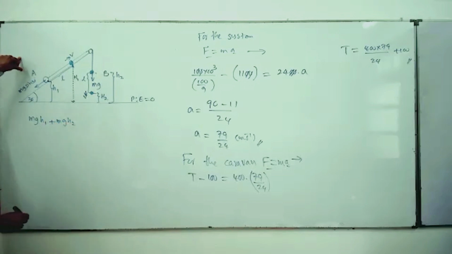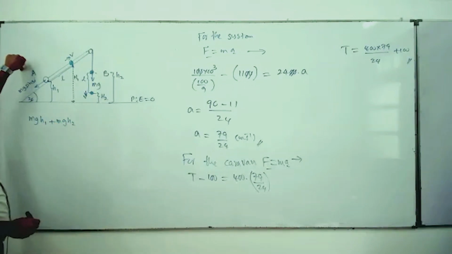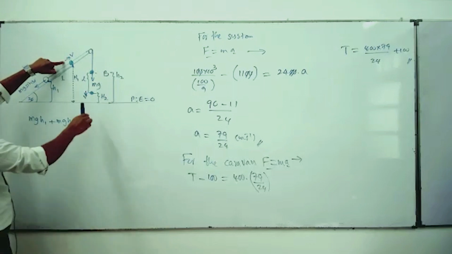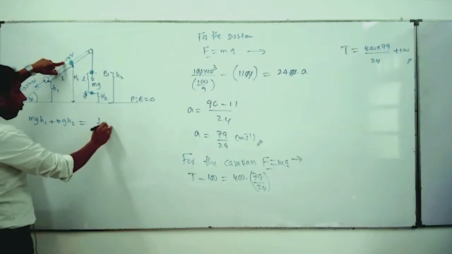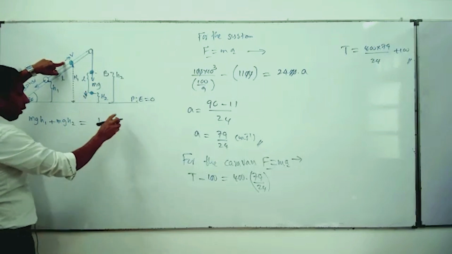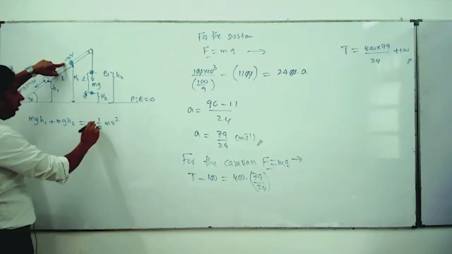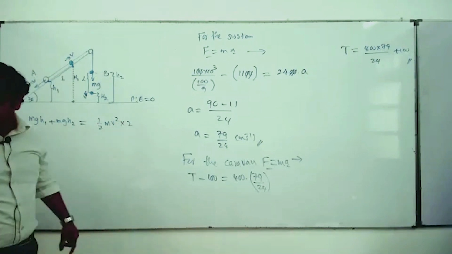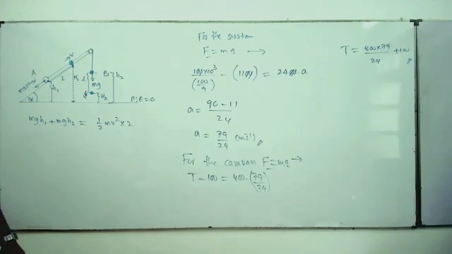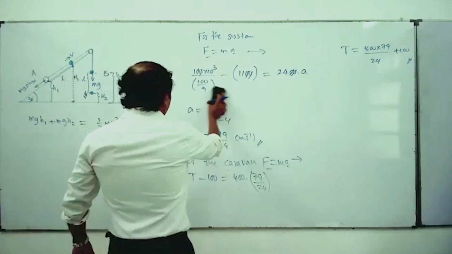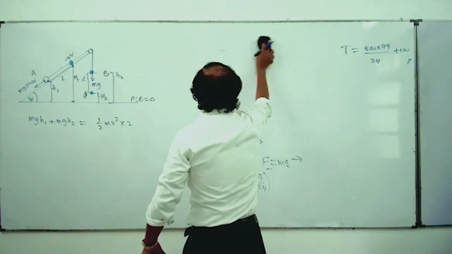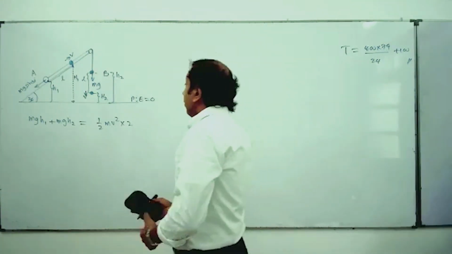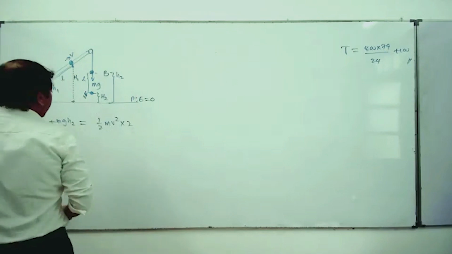The total potential energy, both at rest, no kinetic energy, equals here and here kinetic energy, half mv squared plus half mv squared. Why? There are two particles, no? Total kinetic energy is that. Plus the potential energy.